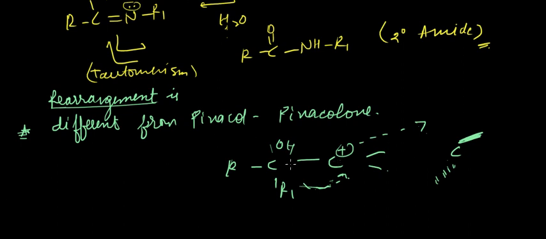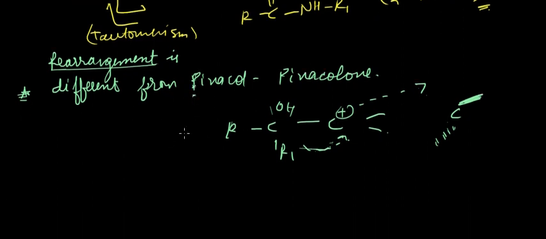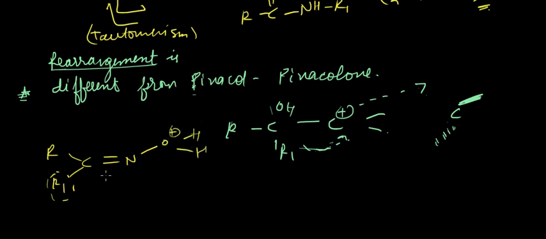But in this case, what is actually happening is we have this product. R1 was migrating to the nitrogen atom, in which O plus was leaving the nitrogen atom. So R1 will be entering the nitrogen atom in its anti-bonding.